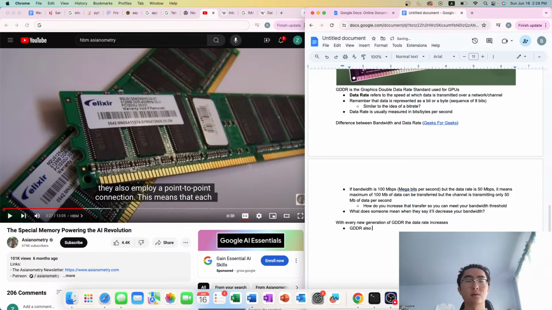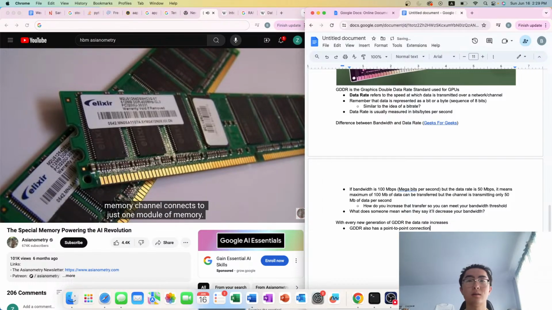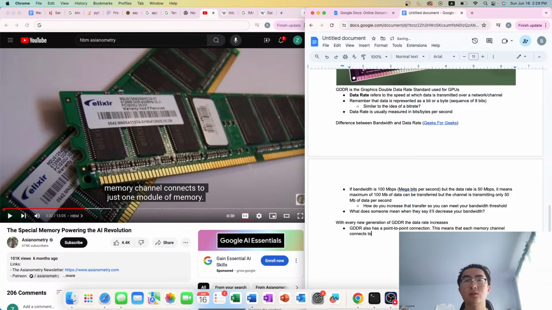GDDR also has a point-to-point connection. Okay. This means that each memory channel connects to just one module of memory. I don't know exactly what that means.